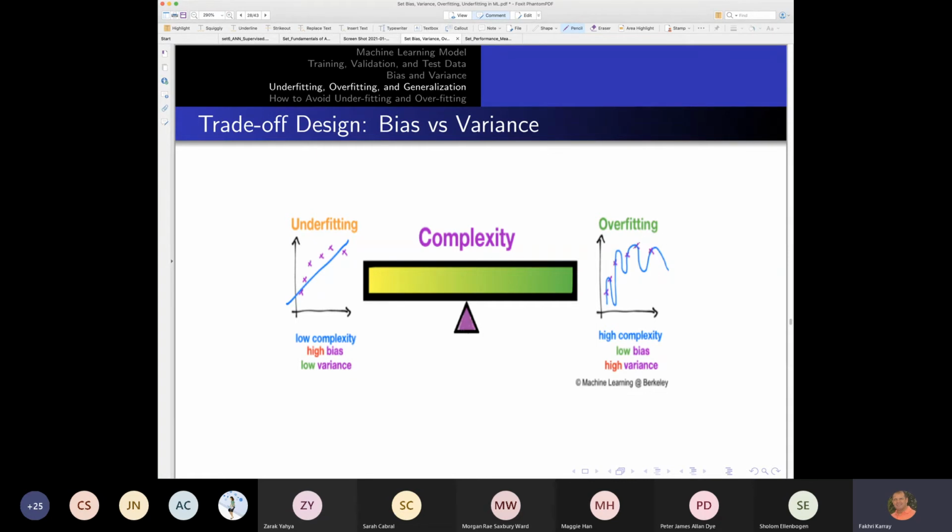You can see that all the points have been fitted, but it has high variance. When we generate new data, the system is not going to be able to go through these points, and the system is not well described. I took this from the Berkeley machine learning slides, and it shows that we need to be in the middle: not a very complex model, but not a very simple model.